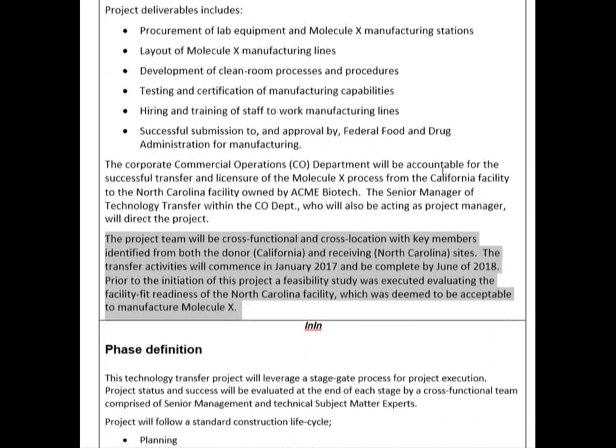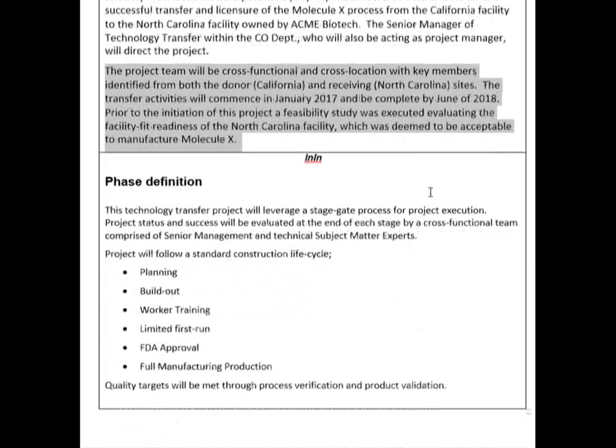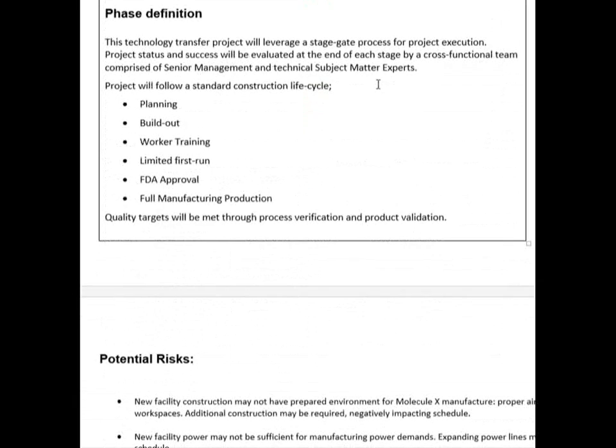And now under phase definition, we're going to do a little bit more around how. The technology project will be delivered by a stage gate process, will follow 6 basic life cycle phases, and quality targets will be met through process verification and product validation.